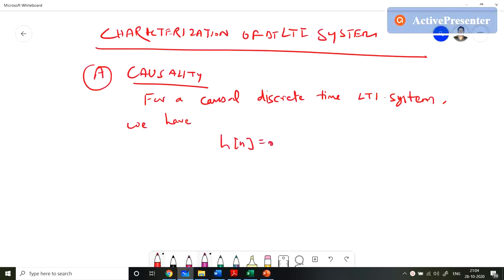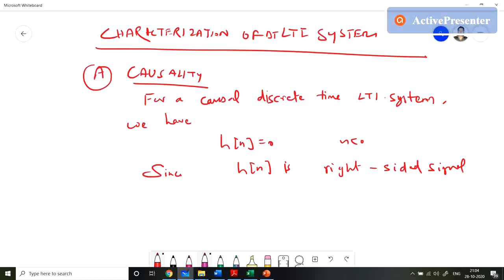The impulse response is equal to 0 for n less than 0. So this is the definition of a causal discrete time LTI system. Since h(n) is equal to 0 for n less than 0, it is a right-sided signal.